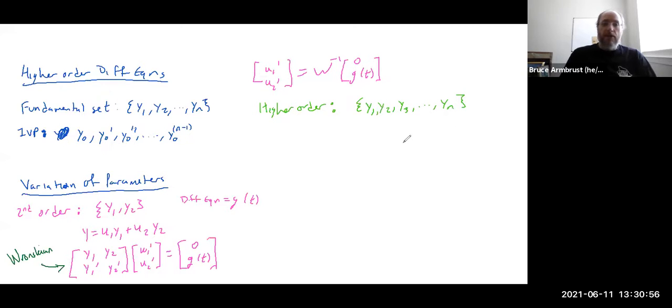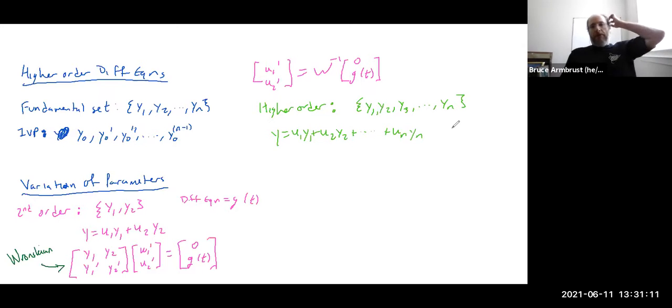So it's going to be a little bit larger. But we're still looking for a solution that looks like a linear combination of those where the coefficients can be functions of t. So we're going to have u1 y1 plus u2 y2 all the way down to un yn. And the goal is going to be to find u1 through un.